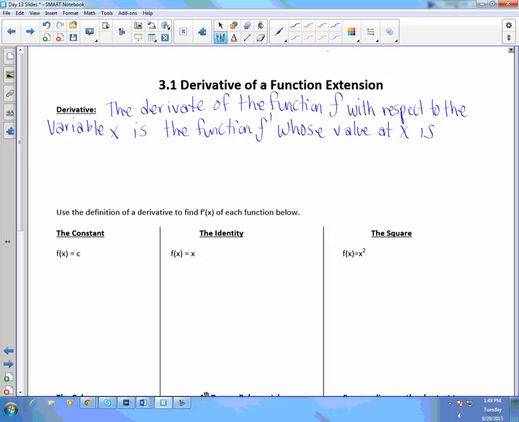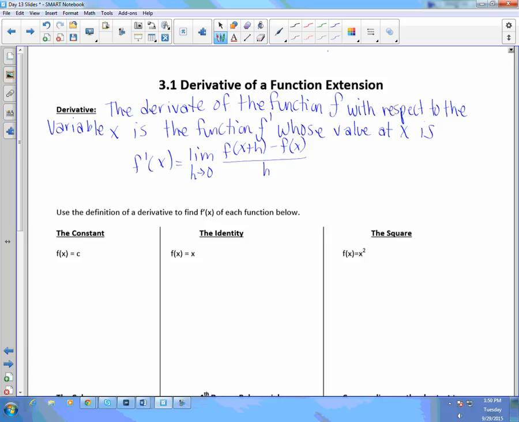This is interesting. Does it ring a bell? Why does it ring a bell? When we used this earlier on, tangent line of what? Tangent line of a function at a specific point, what are we finding?